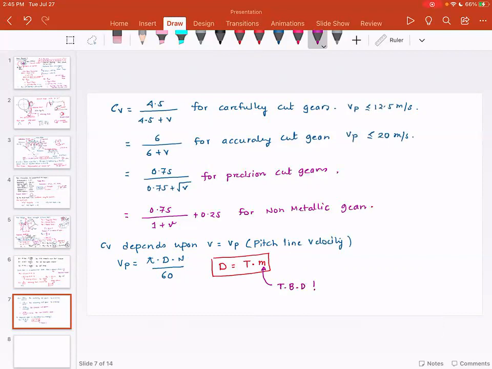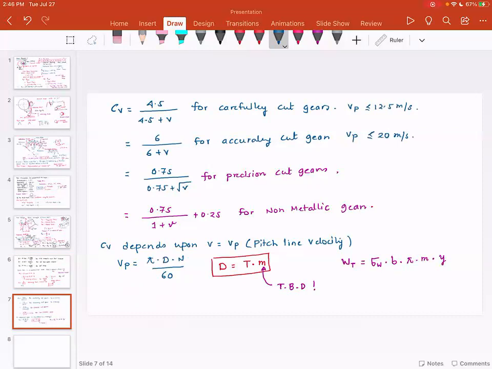So let me rewrite the fundamental design equation for gear: sigma W multiplied by B multiplied by pi multiplied by M multiplied by Y. In this case, usually the number of teeth is something that is known or decided. For example, if we want to avoid interference, we know that we need to start with 18 as the minimum number of teeth.